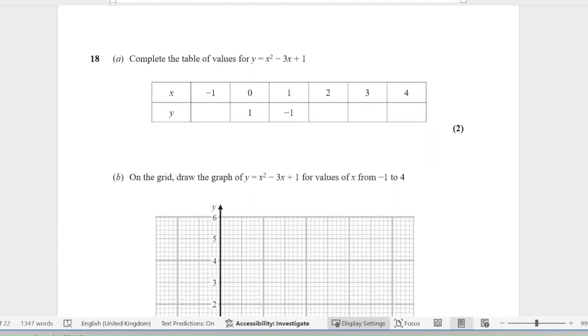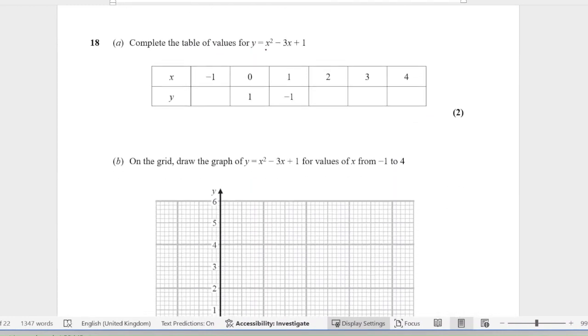Okay, question 18. Complete the table of values for x squared minus 3x plus 1. So I'm going to start with this value. I find starting with the negatives can be a little bit confusing. So when x is equal to 2, y is going to be equal to 2 squared, which would be 4 minus 6 plus 1.